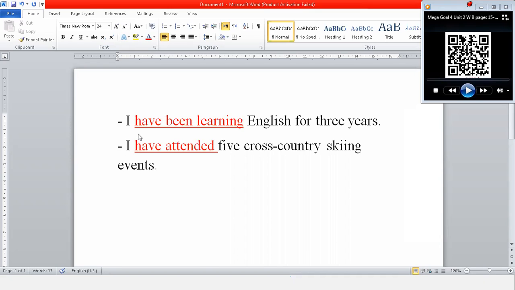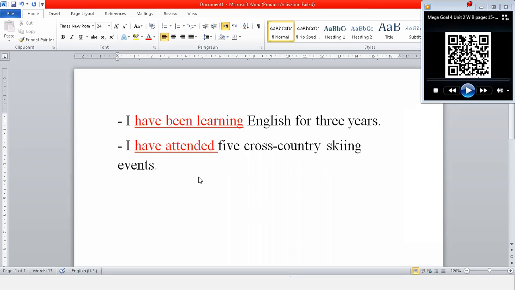As you see here in the example, if I say, I have been learning English for 3 years, here he started learning English 3 years ago, but we don't know if he finished or not. He may not have finished. So we have to use the present perfect progressive in this example.